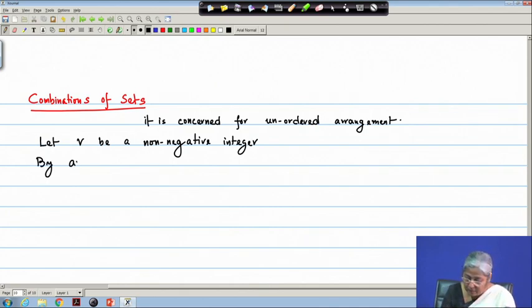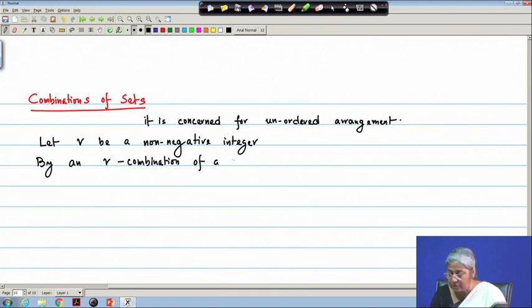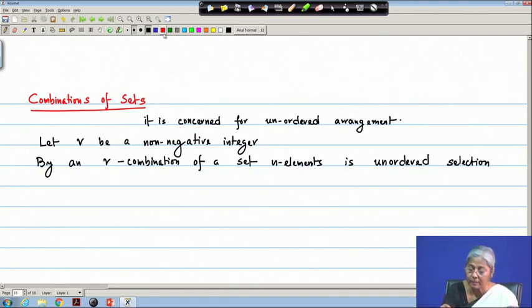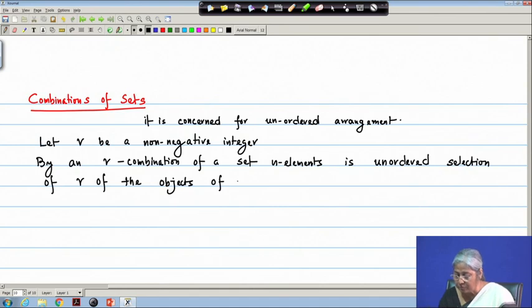By an R combination of a set of n elements, what we understand is an unordered selection of R of the objects or elements of a set of n elements or n objects.